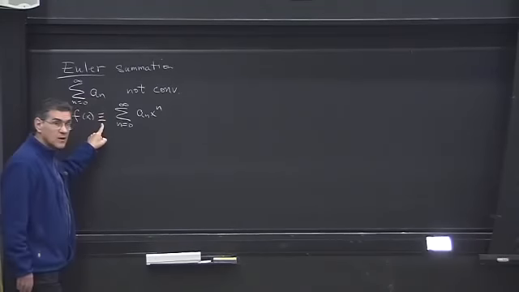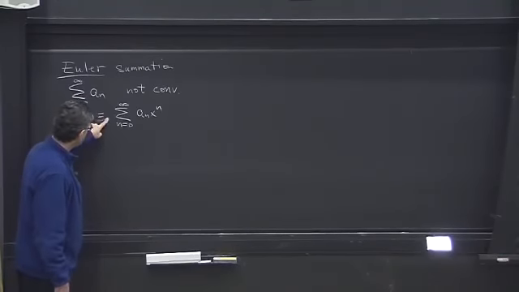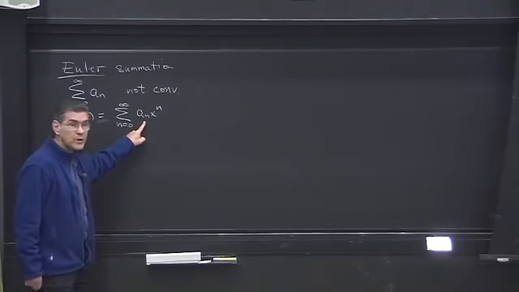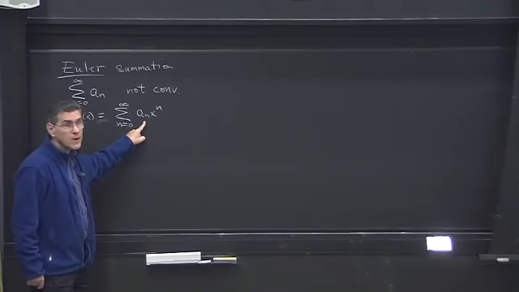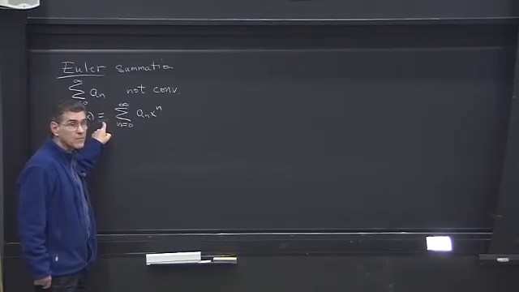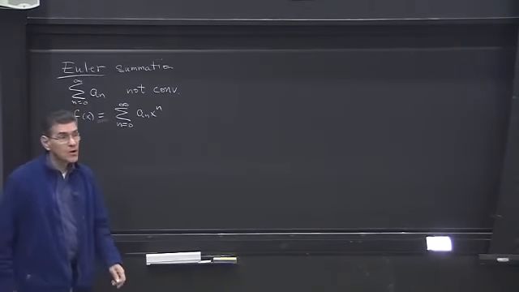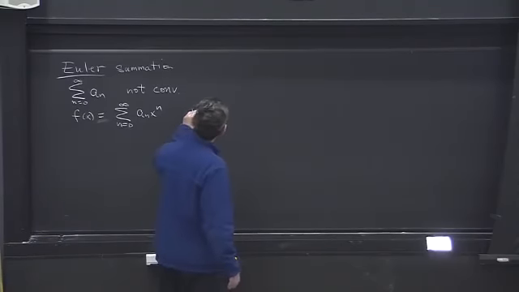Let's use an equal sign. So this has to exist, otherwise I can't write an equal sign. So we'll assume that this sum exists for x, say, less than 1.